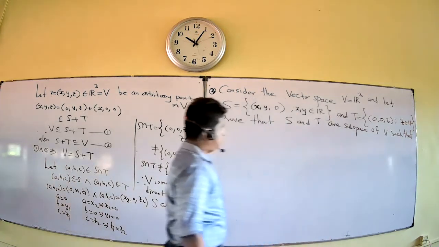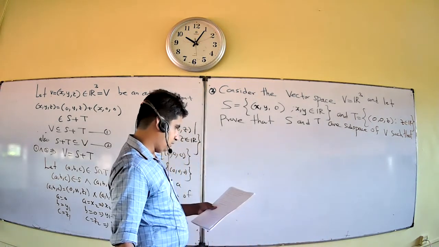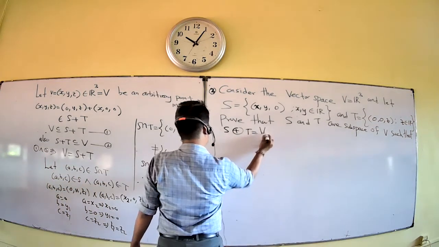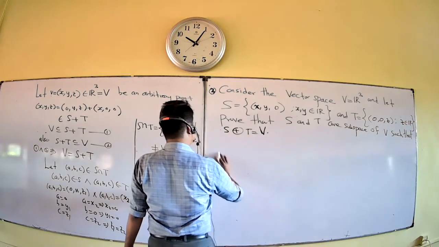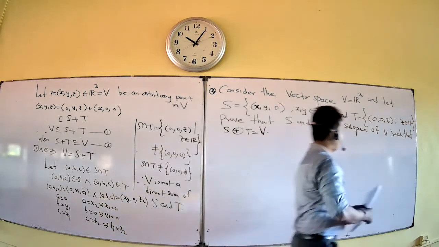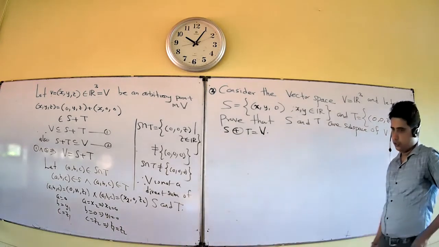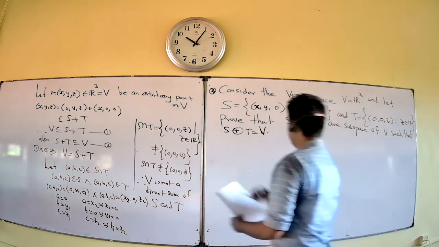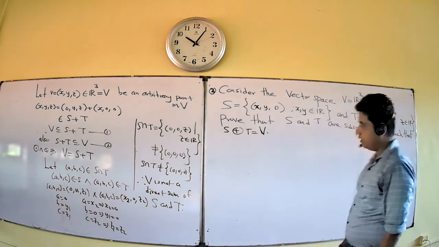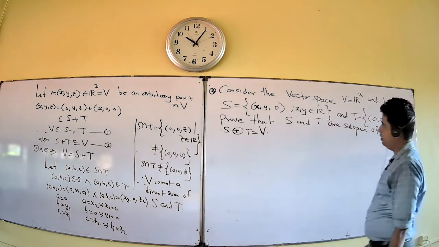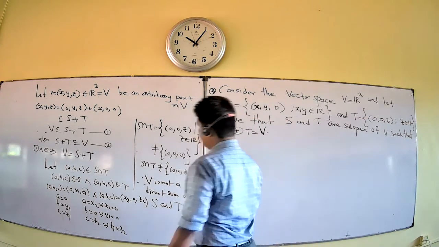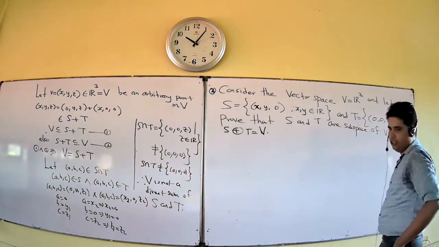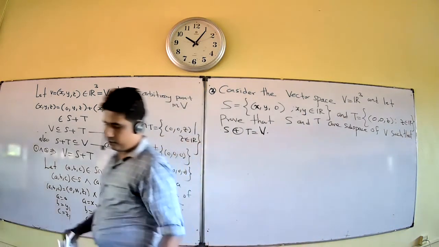So S and T are subspaces of V such that the direct sum of S and T equals V. For this question, the direct sum condition is satisfied. So the claim is: first you show that S is a subspace, similarly T is a subspace, and you show that V equals S plus T. Next, you show that S intersection T is the singleton {0}. Then the direct sum condition is satisfied. Okay.